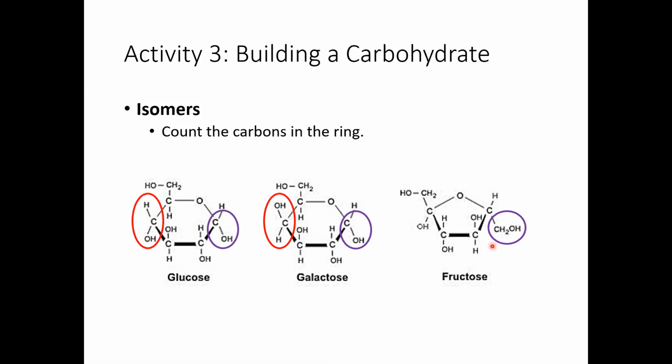So this gives rise to very different purposes in biology. And like I mentioned in the beginning, if you were to taste glucose, fructose, and galactose, you would see that they taste very differently. So molecules of monosaccharides may have the same molecular formula, but differ in their three-dimensional structure, and this is called isomerism. So these are all isomers.